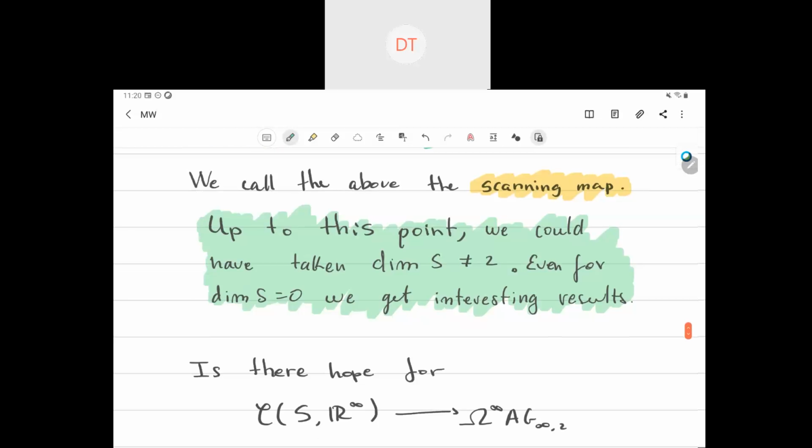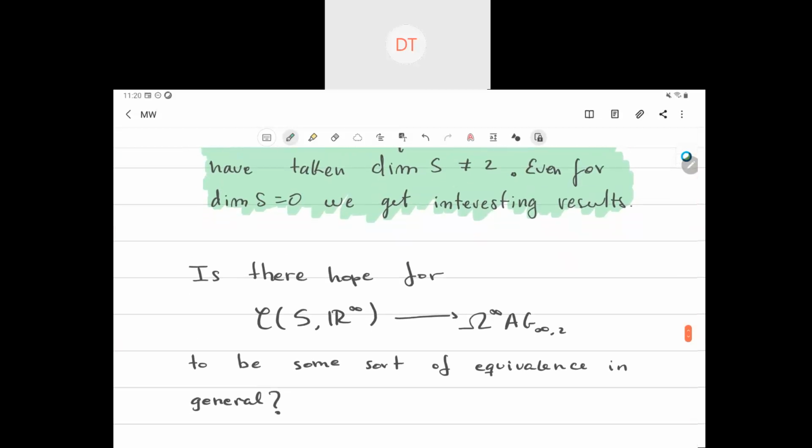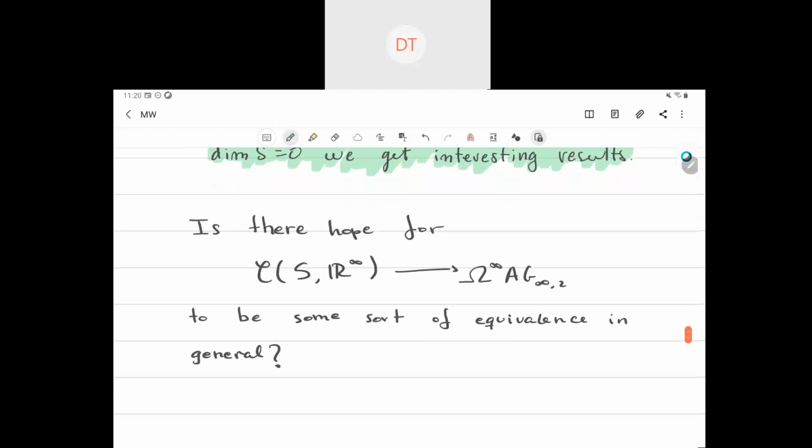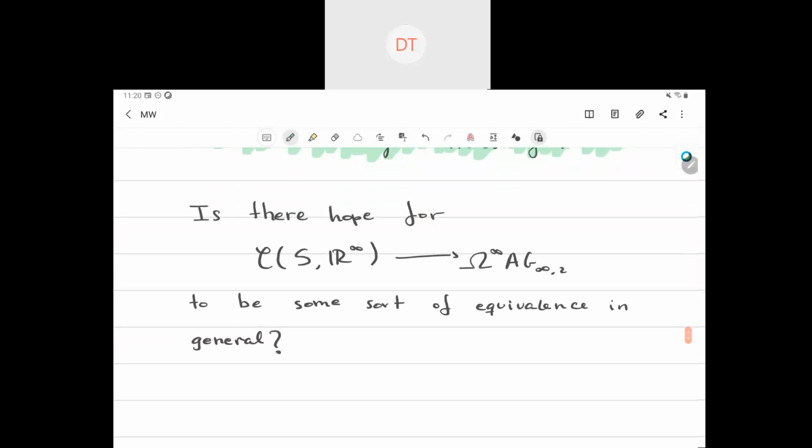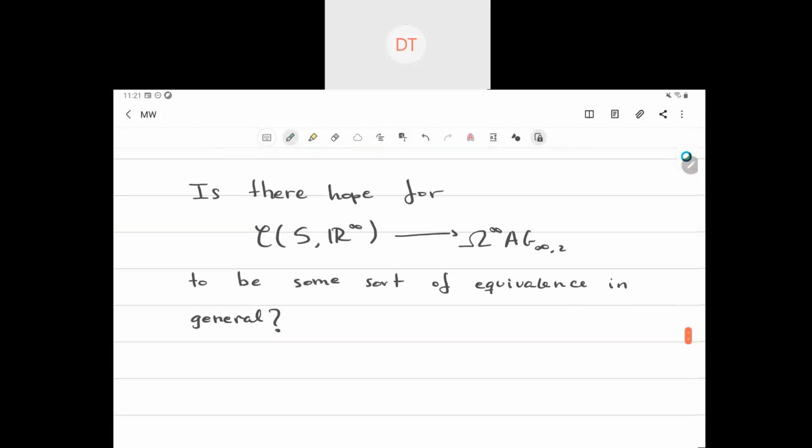Okay, so now it's time for a naive question. We have a map here from configurations of S in R infinity to loops infinity AG. Is there any hope for this to be an equivalence in general? I say this is a naive question because if we think about it for a bit, there is no hope for it to be an equivalence, because the left-hand side depends on a choice of surface.